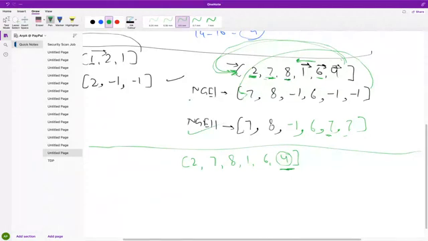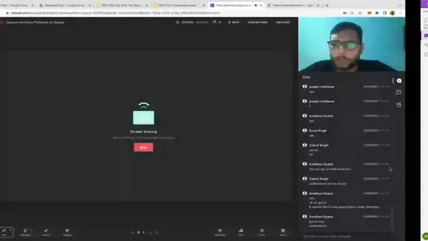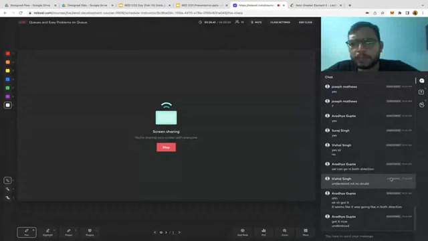In the next greater element 1, whenever we are at the last element, we keep -1 or the next index. Like for this, the indexes would be 0, 1, 2, 3, 4, 5, 6. When we're talking about elements, we keep -1, and when we're talking about the indexes, we keep 6. Correct, guys? That's what we did in the next greater element 1.